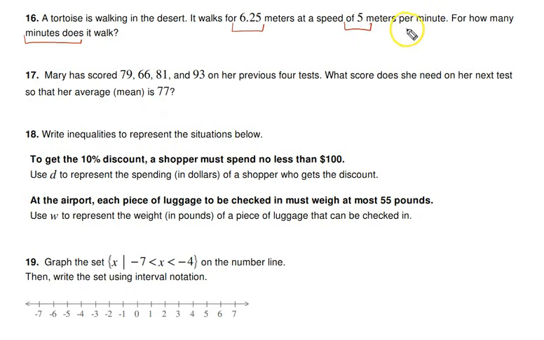Well, here we're using the formula distance equals rate times time, and we know the distance is 6.25. We know the rate is 5, and the minutes is t for time. So if we divide both sides by 5, this ends up as t equals 1.25 minutes.